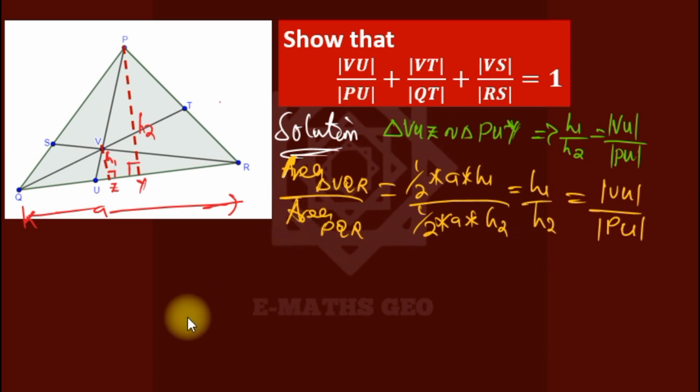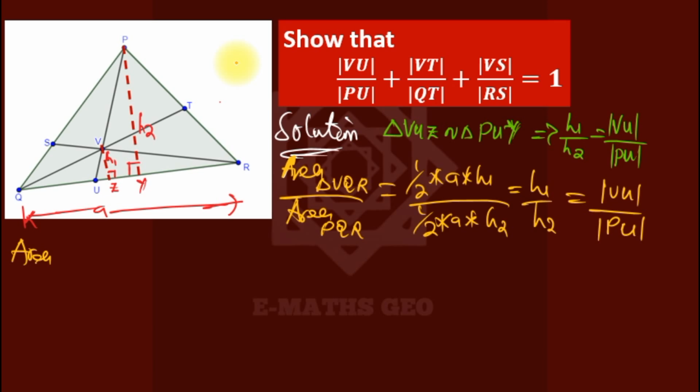So what are we trying to do? We now do the same for the other two. That is, we have VQR and PQR. The same way we have VRP and PQR. So we do the same.